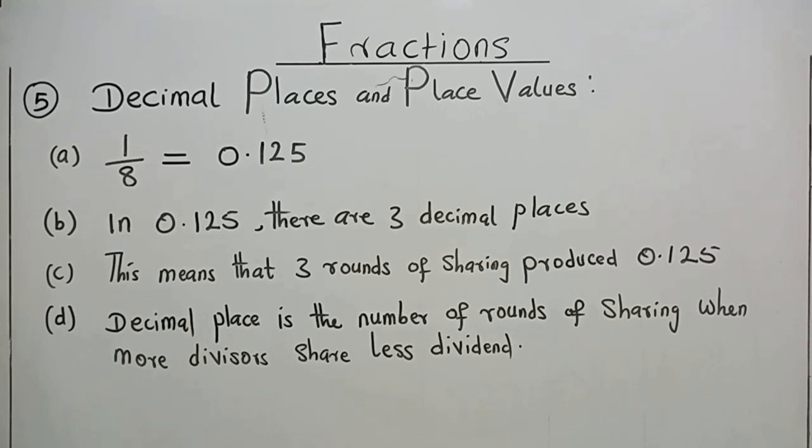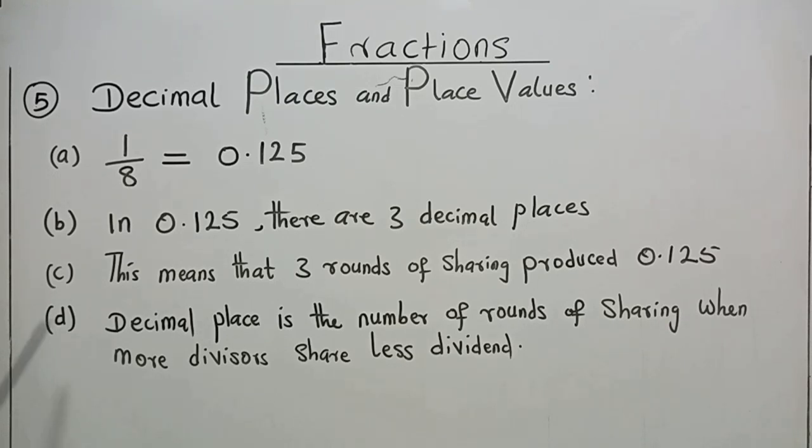I did not use persons here. I just used divisors. Why? Because it is never compulsory that when something is being shared, it must be persons sharing that thing. Some other things can share anything. The name for whatever shares or divides anything is divisor.